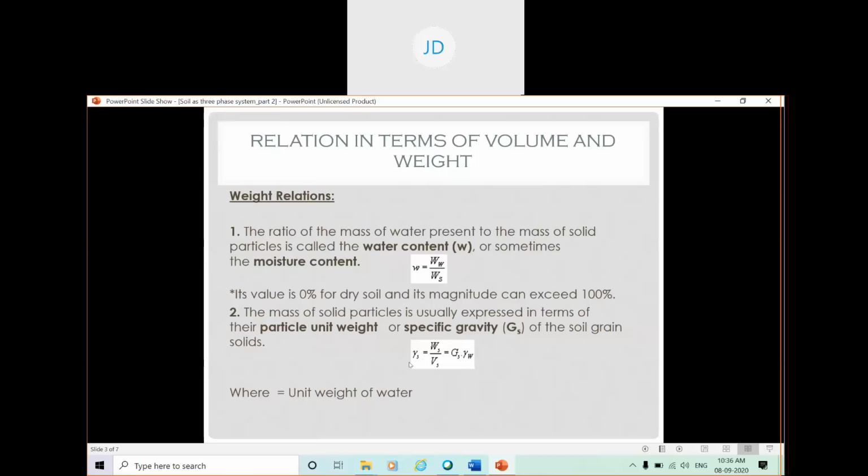So how can you find this? It can be found by dividing weight of solid by volume of solid. Now you can see there is a change in the denominator: it is not divided by total volume, it is divided by only the volume of the solid. So if you divide weight of solid by volume of solid, you will get the unit weight of solid.